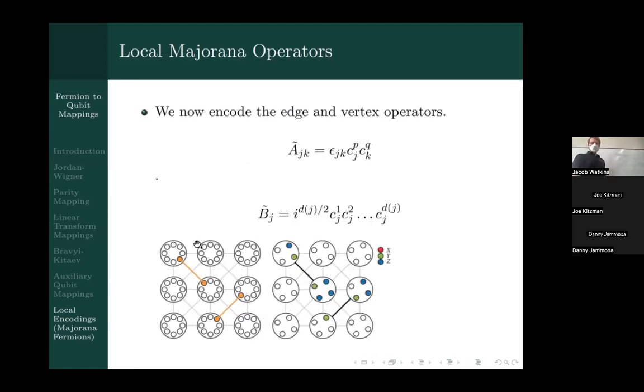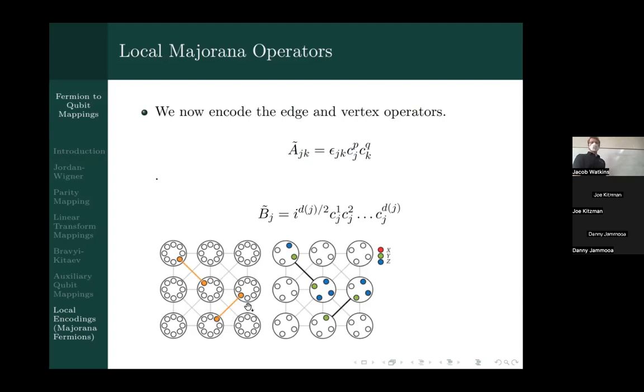This is an example of what you'd get with an edge operator. You have some phase factor, and then you're just connecting the local Majorana modes corresponding to the two fermions. And with the mapping, you know what Pauli string that corresponds to.